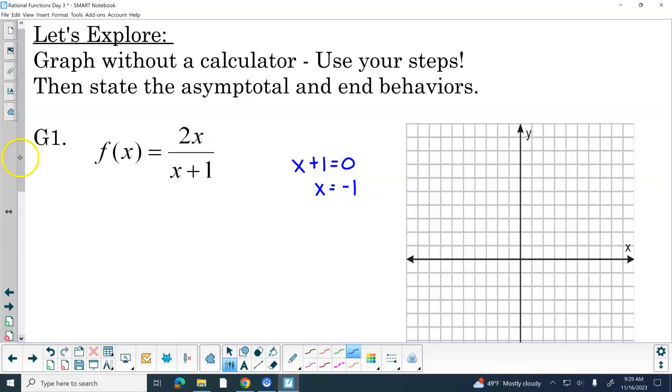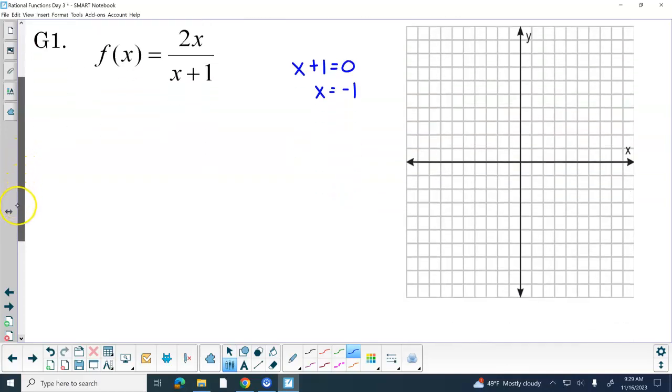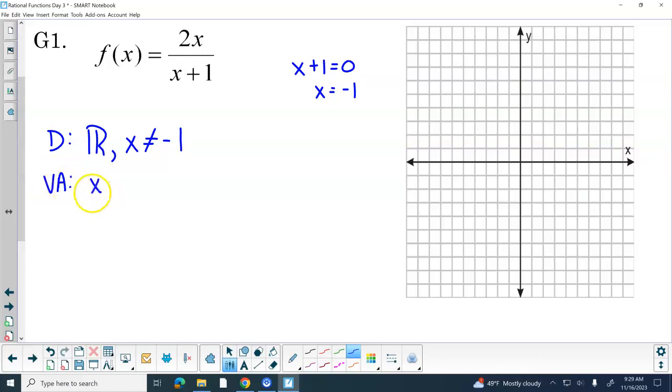So what do I get out of step 1 based off of that? The domain is all real numbers, but x cannot be -1. And my vertical asymptote is x equals -1.